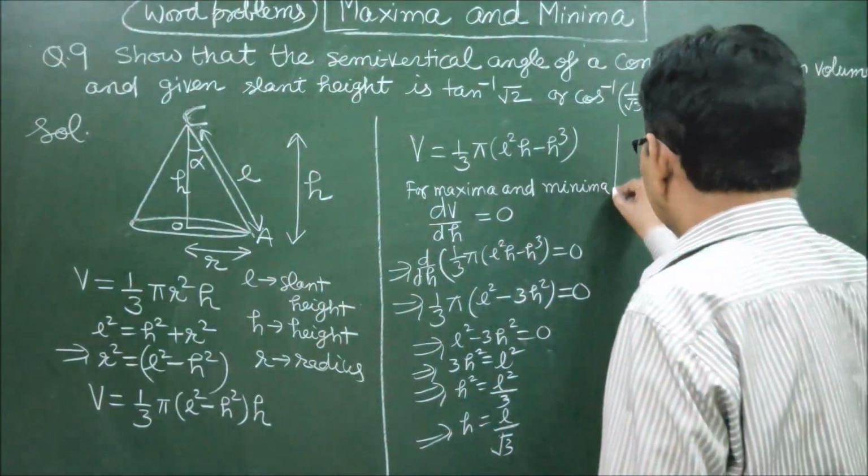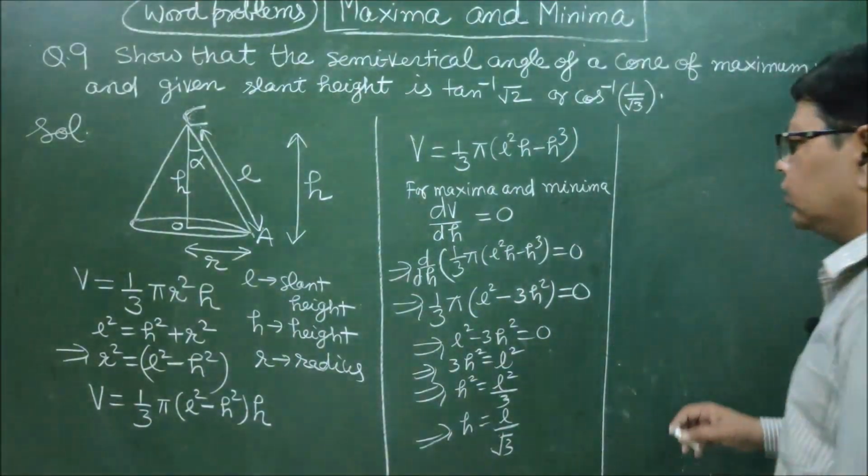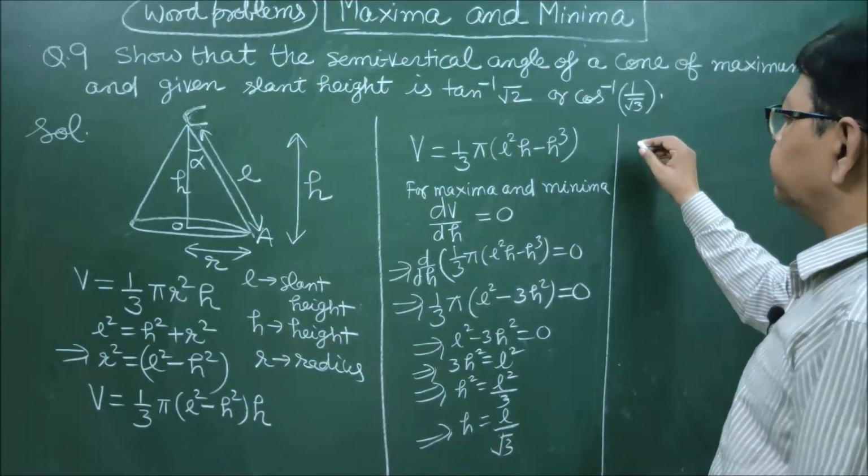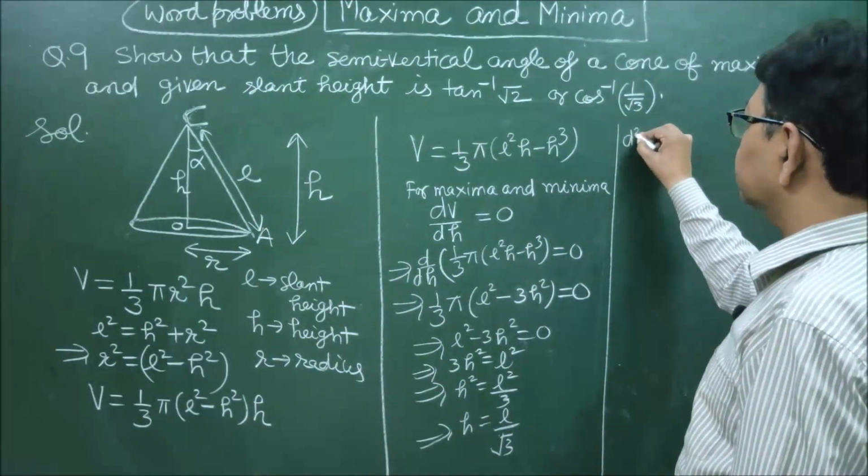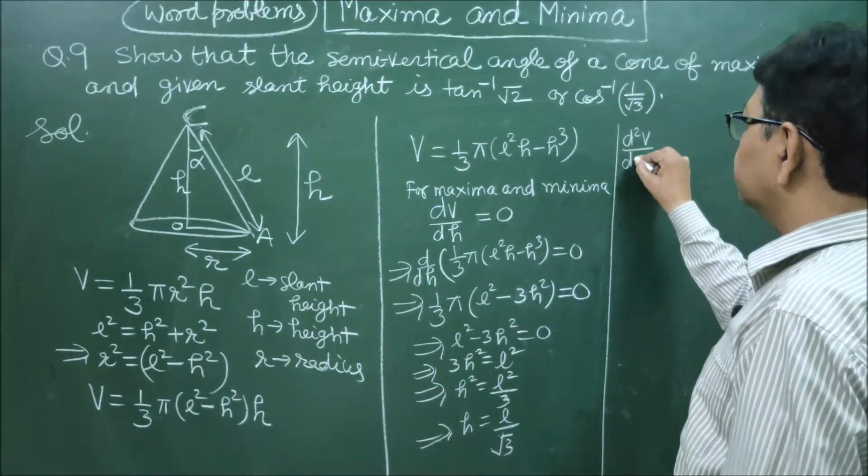Now for maximum volume, let us first find the second derivative, d square V over dH square.